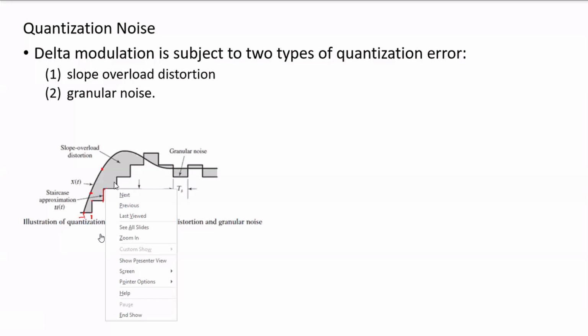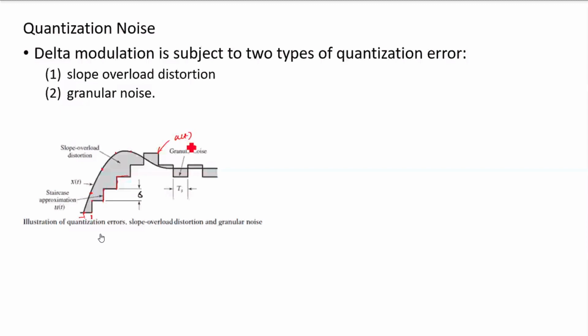For the next sampling interval, the sample value is much greater than the past value, so the approximation is much less than the sample value. It gets a jump of delta, but is still less than the sample, and remains stable here. This is the approximation u of t for x of t.